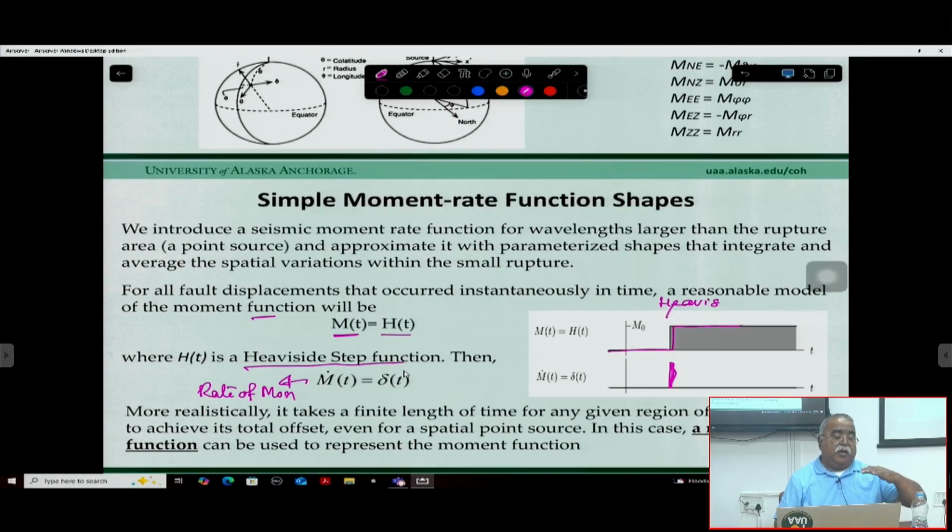So if we have an earthquake, it is zero, then suddenly the force is applied and the moment is generated. You see that it instantly rises and then becomes constant. Then your M dot will be equal to a pulse like this.